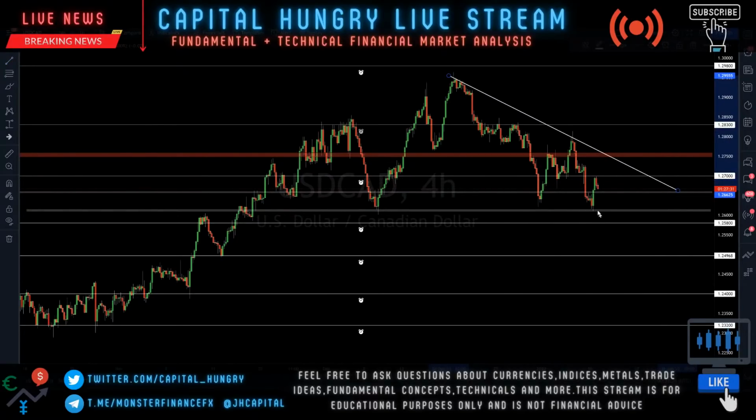So with that being said, we can see this corrective pullback structure from these high points. If we were to break below 1.26 or 1.258 and the US dollar stays softer in that consolidation zone and oil continues bullish, then I would see potential intraday sell plays and sell scalp plays. Okay?